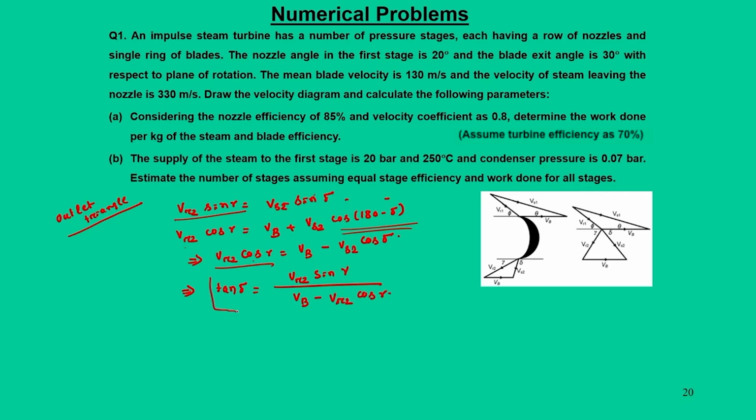Here we have already found Vr2 as 170.4 meter per second, and your gamma is 30 degree. So this will give you tan delta as minus 4.84, and delta would be 102 degree.